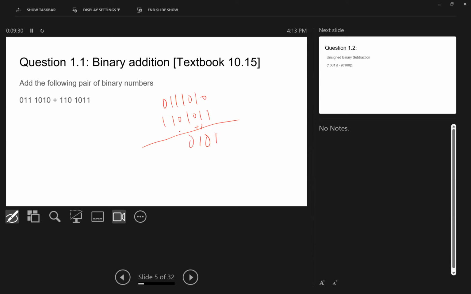For sign magnitude, we have 2 different representations for 0. For positive 0, we have 0, 0, 0, 0. For negative 0, we have 1, 0, 0, 0. And the same for the 1's complement. And for the 2's complement, we only have 1 representation.